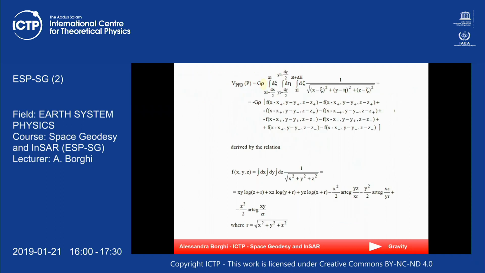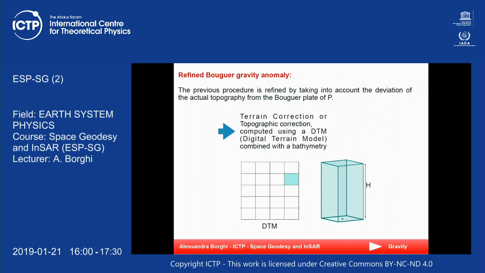If you use a big size, one degree is not correct to use, but probably in some global applications you can compute using a one degree effect.